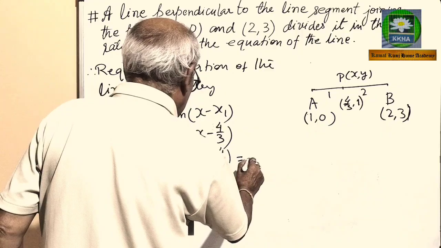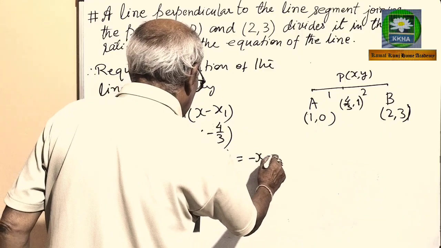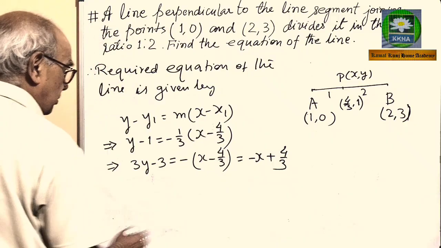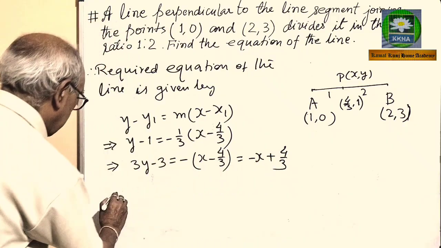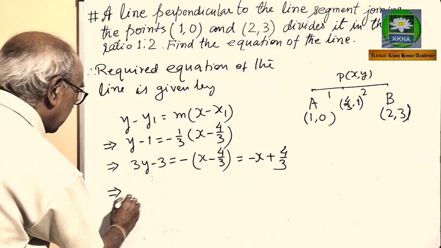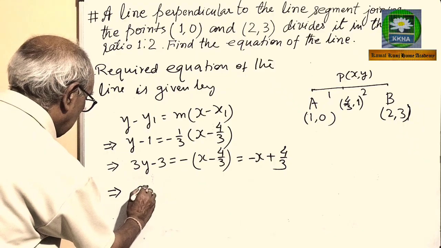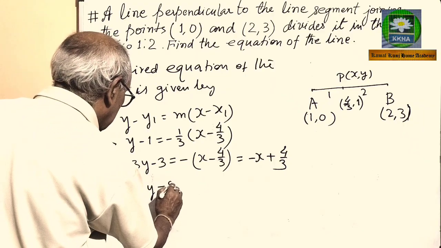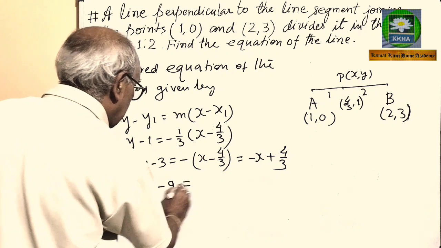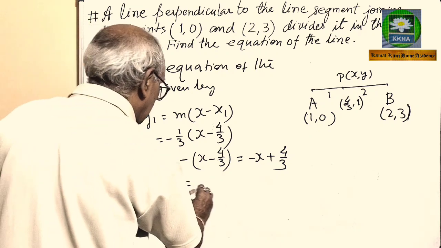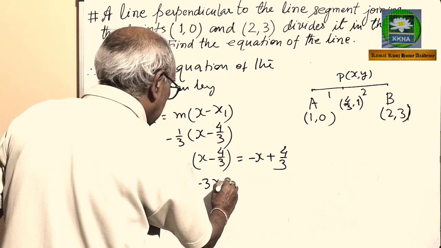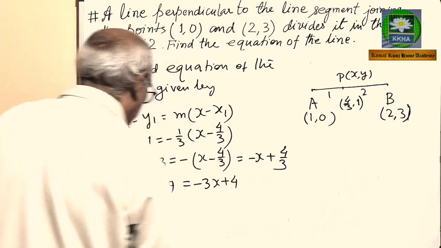Now multiply by 3 on both sides. This implies that 9y minus 9 is equal to minus 3x plus 4.